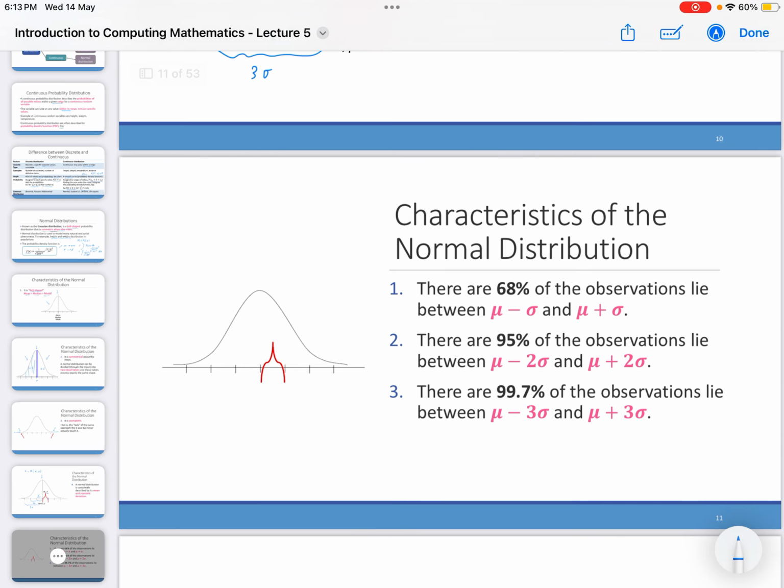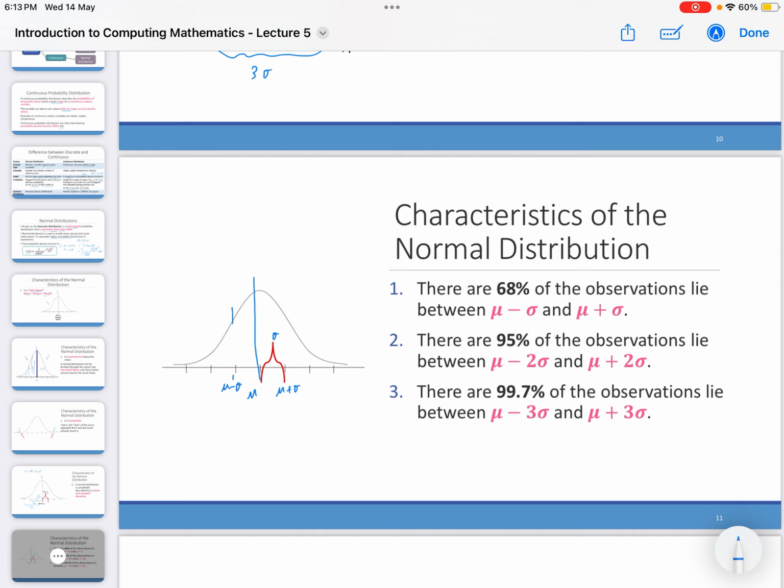Okay, so this is the characteristic of the normal distribution. This is always true for any normal distribution. Let's say this is the mean, the middle here, and this is sigma. There are 68% of the observations between mu minus sigma and mu plus sigma. Over here will be mu plus sigma, and over here will be mu minus sigma.